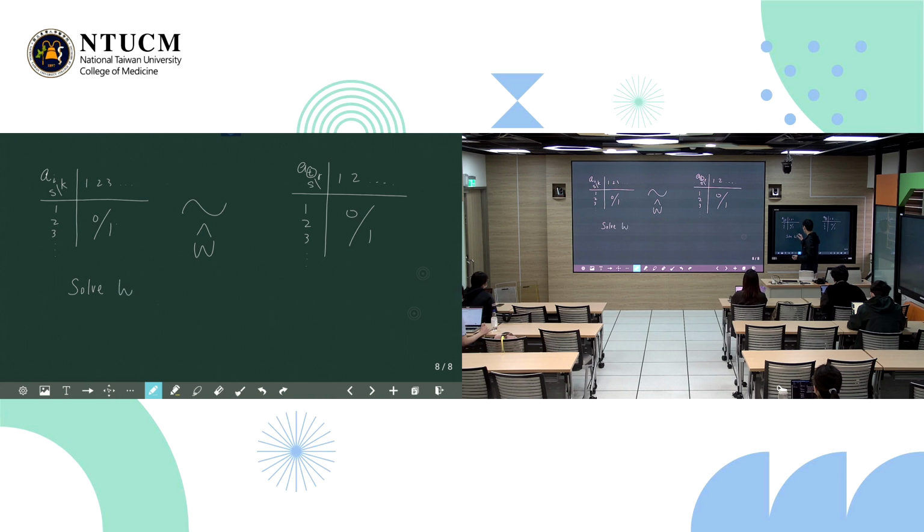Then what we are formally trying to do is solve this W, you see how this is an estimate. We don't know it, but we want it. So we have to solve it.